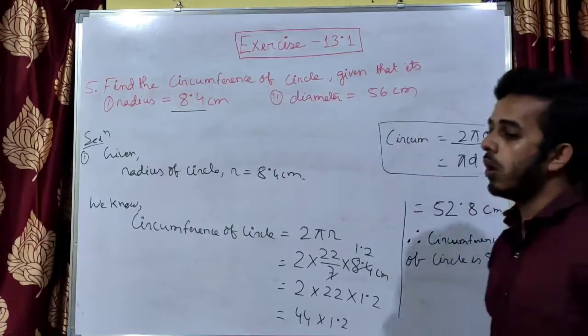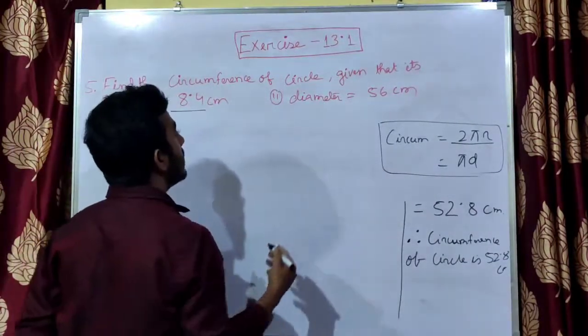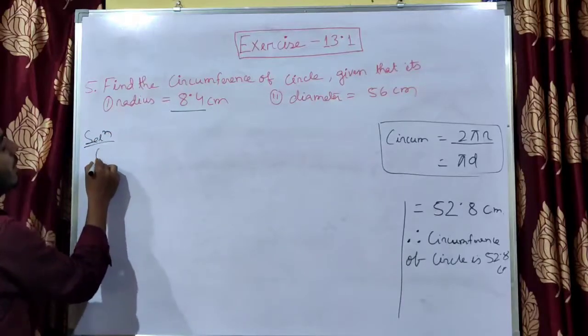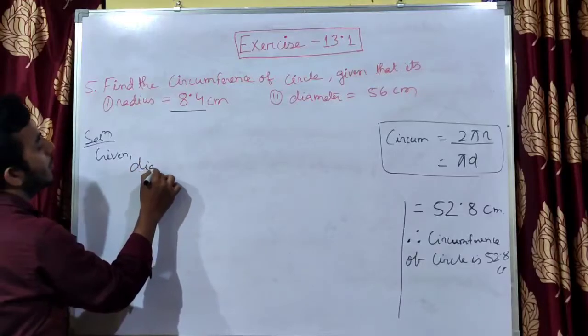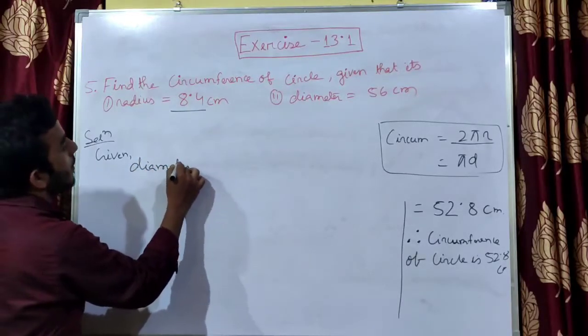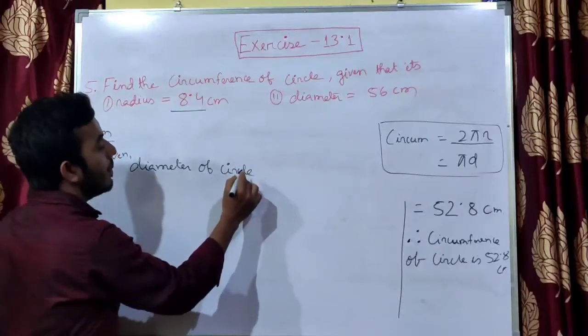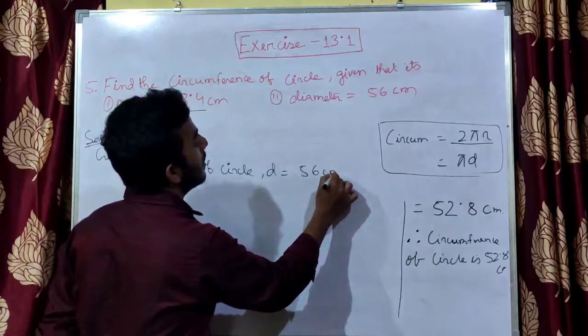Now we will do our next, which is Roman number 2. Here diameter is given. So we will write solution. Given diameter of circle D equal to 56 centimeter.